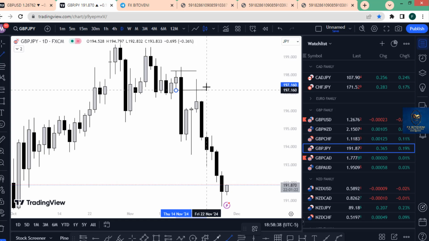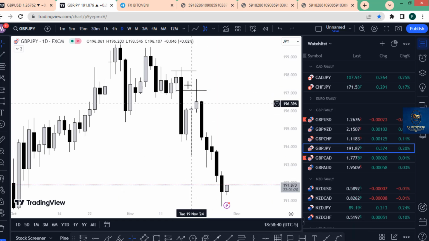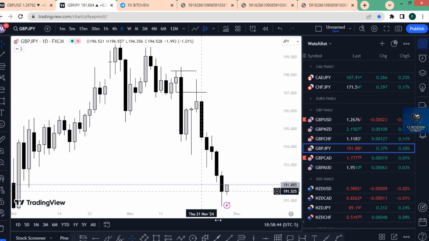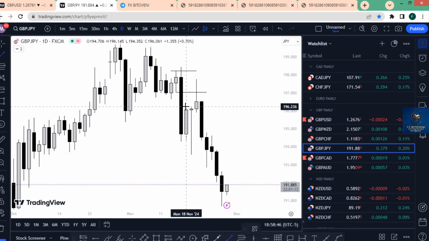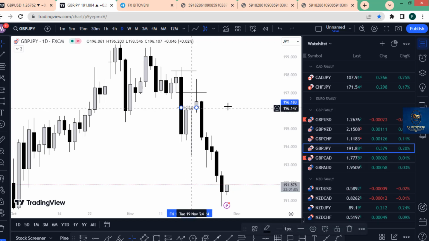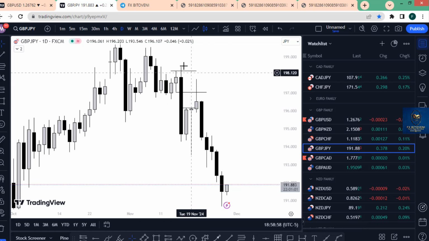To reprice this imbalance resting here. Now price is looking for this imbalance resting here, as you can see folks. So this was the dealing range.